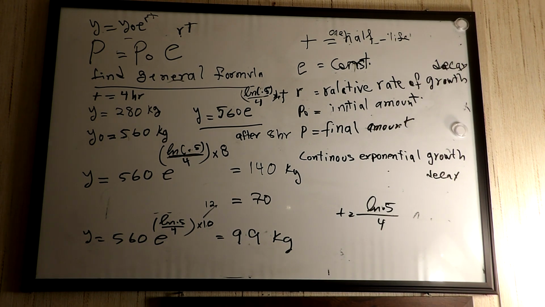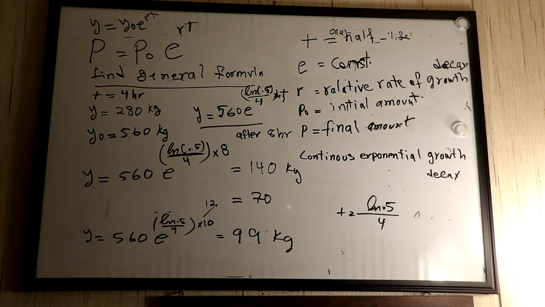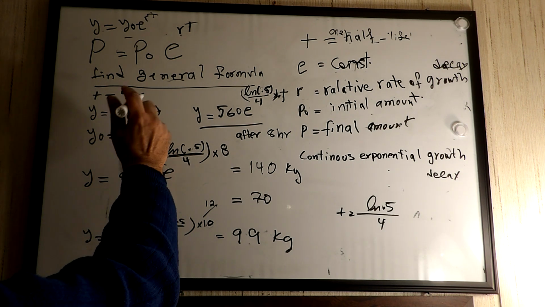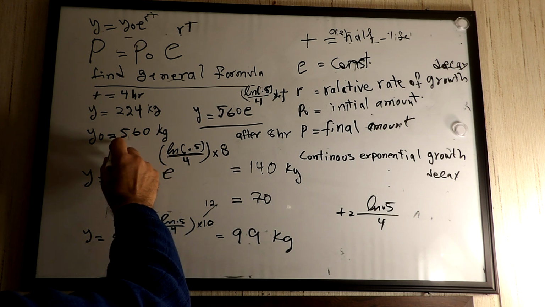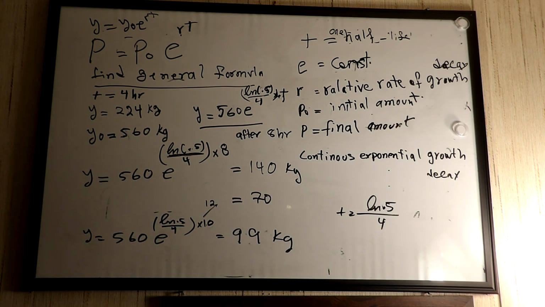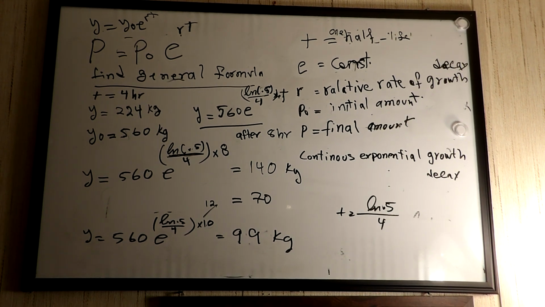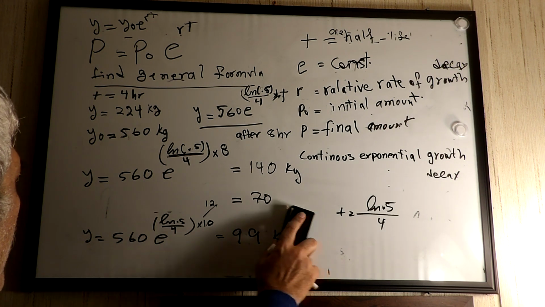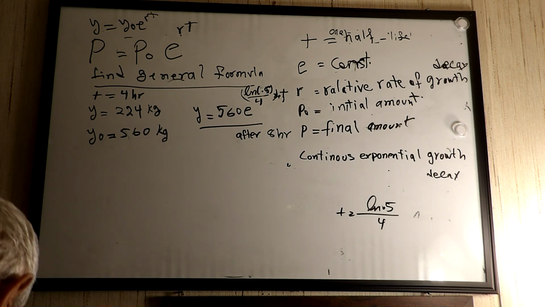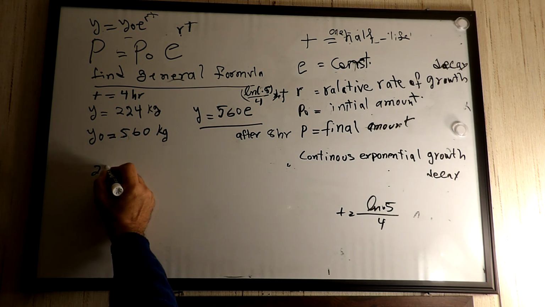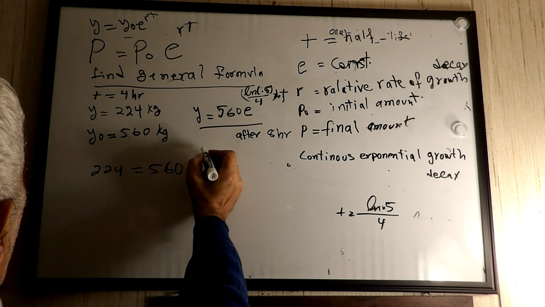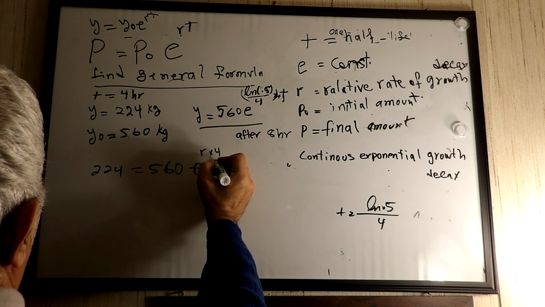You've got to solve some problems yourself. For example, if y was 224 and the initial amount was 560, the whole thing is going to be 224 equals 560 e to the power of r times 4, or 4r.